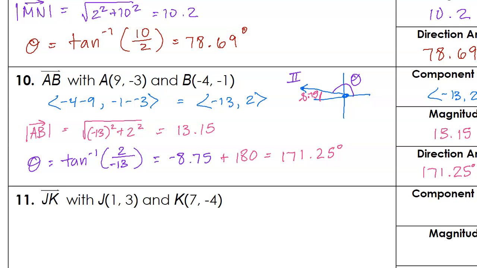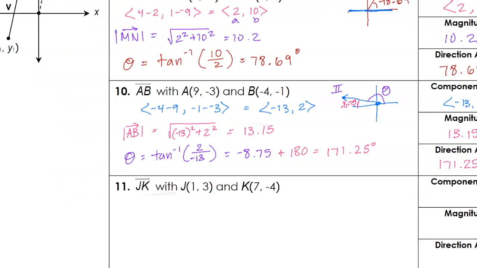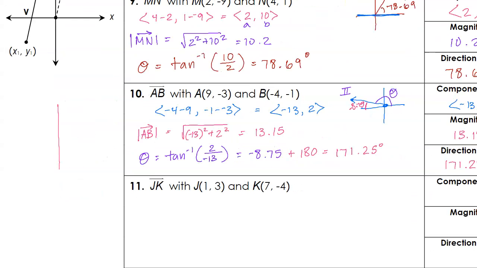So I'm going to tell you, whenever you're finding direction angles, if you are in quadrant 1, it stays the same. You're good to go. If you're in quadrant 2 or 3, you add 180.